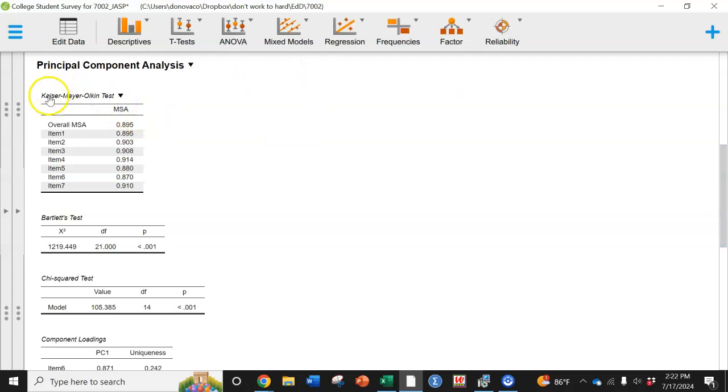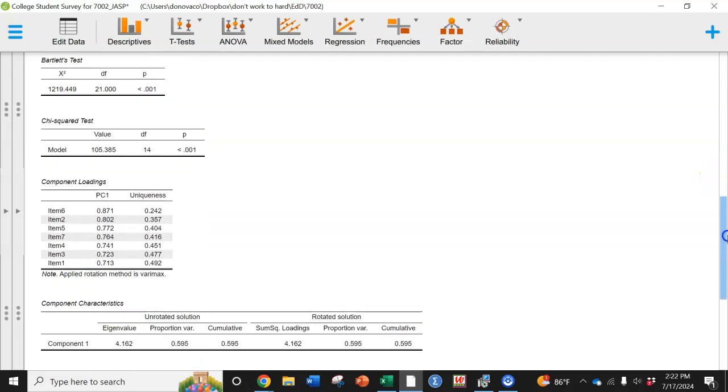So I start out with a KMO test, and it is above a 0.8. So that indicates that this is suitable sample-wise. So I have a large enough sample to be able to do this analysis. Bartlett's test, I want to be significant, showing that these items are appropriate for the factor analysis.